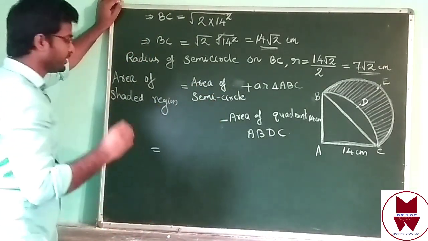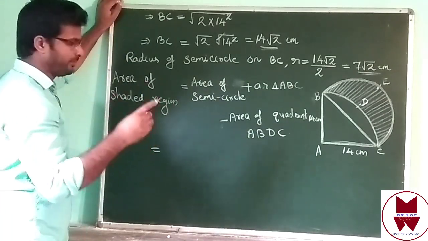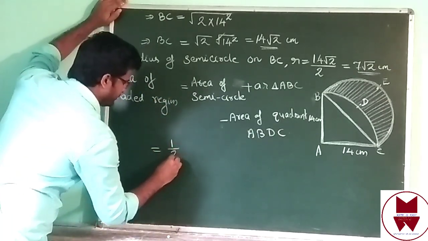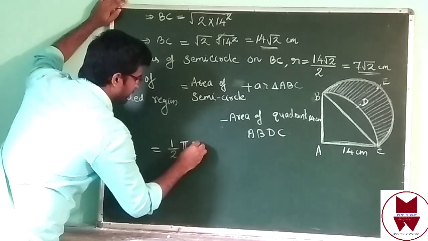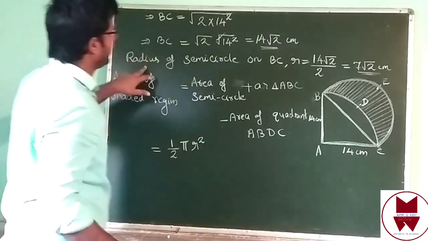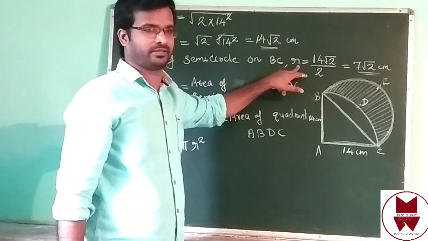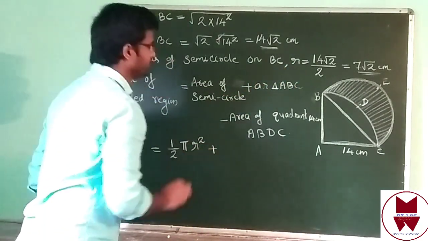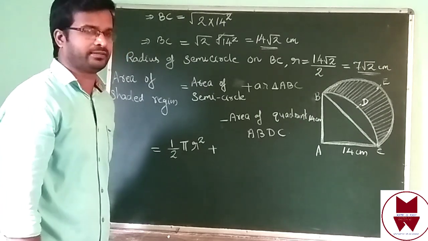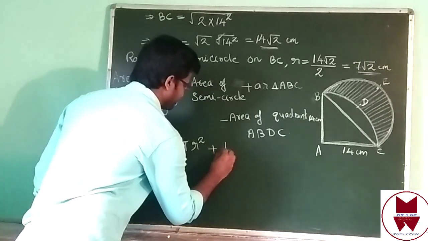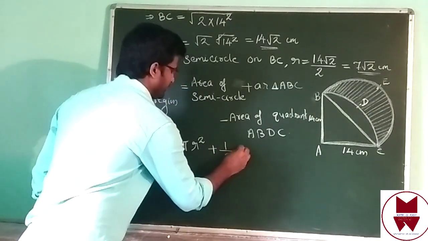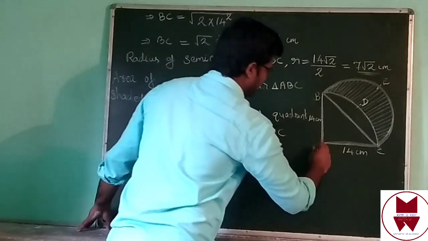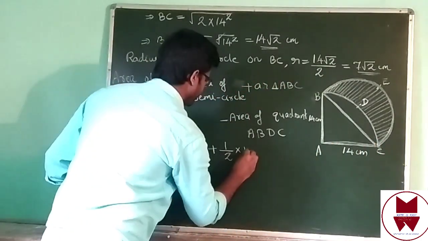Which formula? Area of circle is pi r square, isn't it? Semi means half. 1 by 2 pi small letter r square, because the radius of the semicircle we took as small letter r. Plus area of triangle, that is 1 by 2 b h, 1 by 2 into base. What is the base here?